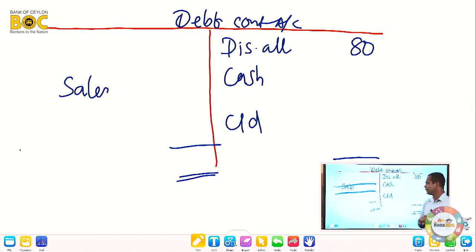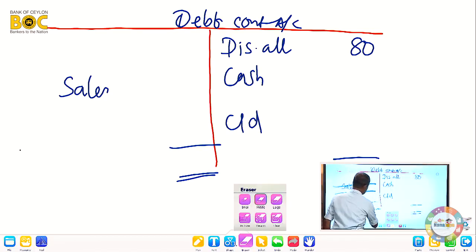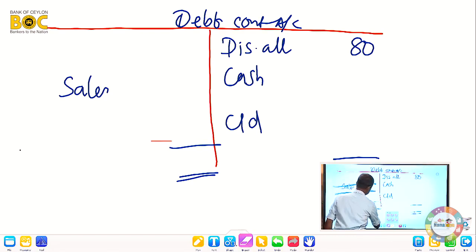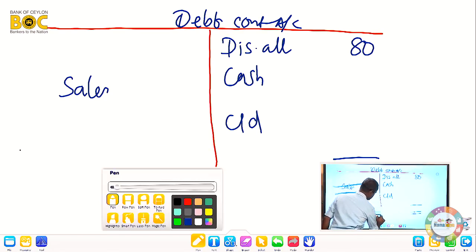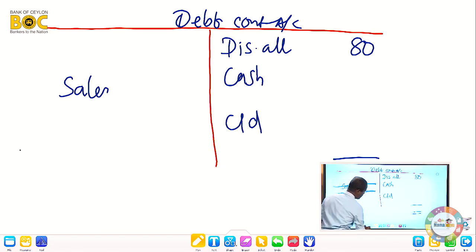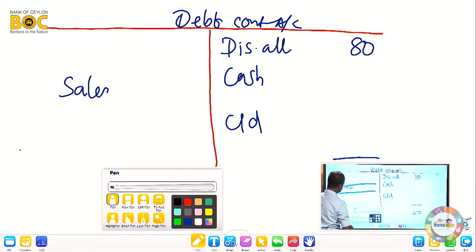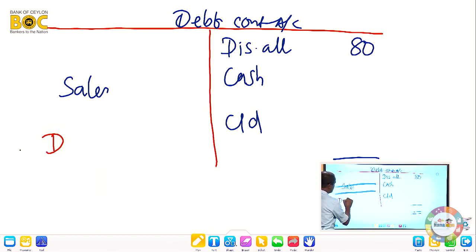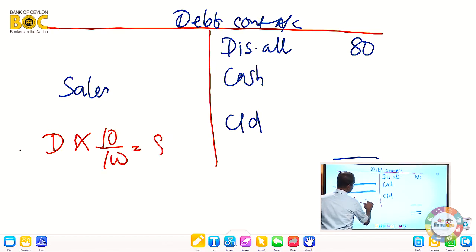If your total debtors who paid cash, that into 10% equal 80,000.